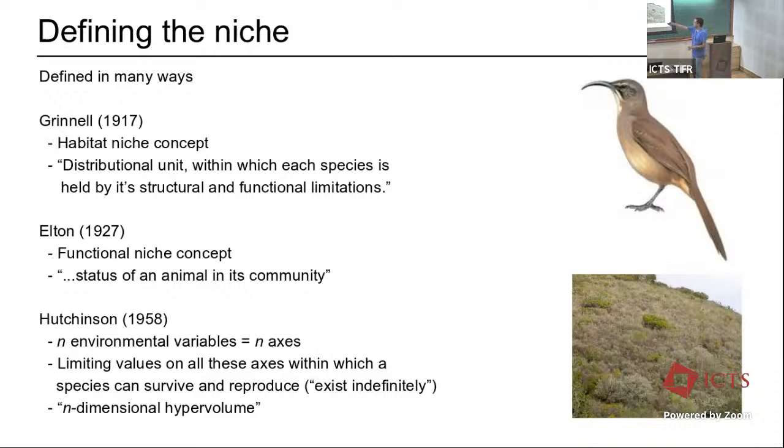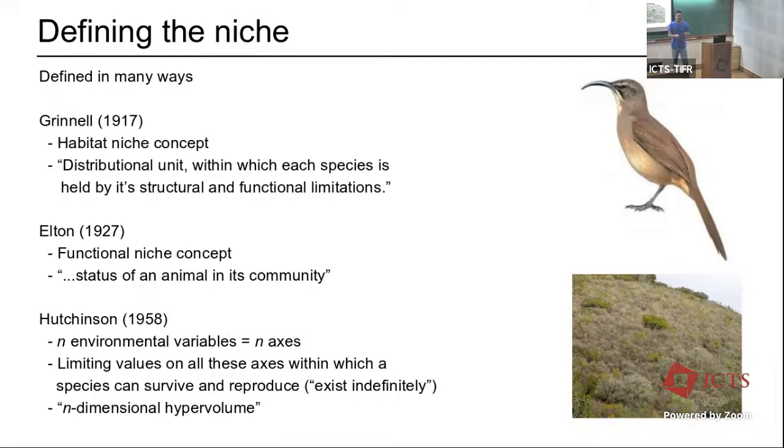So that basically means that this species is adapted to this kind of habitat. And if this habitat ends and you've got a new habitat next to it, then this species is not going to be able to move into the next habitat and occupy it. So basically, structurally and functionally, this species is adapted to this habitat.